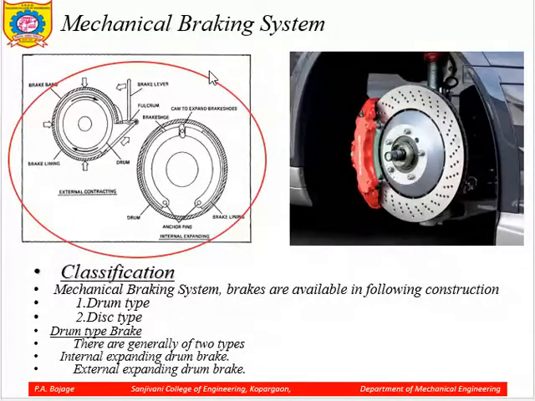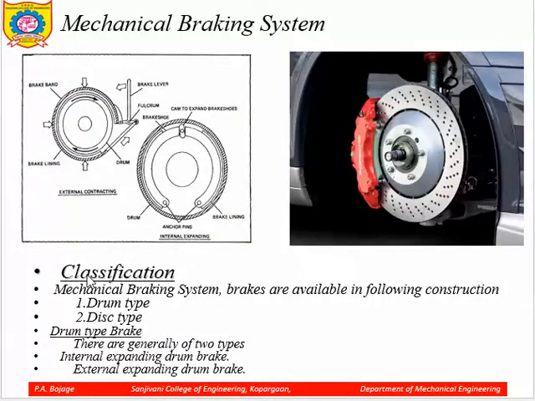It depends on application to application where these types of brakes are used, but broadly these mechanical brakes are classified into drum brake and disc brake. Again, drum brake is classified into two parts: the internal expanding drum type brake and the external contracting drum type brake.